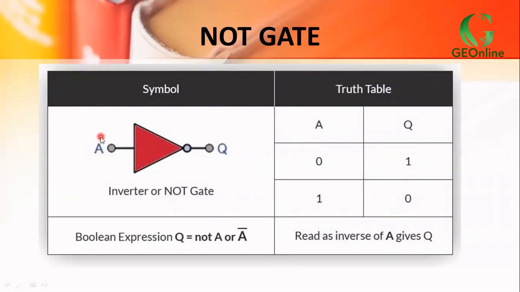Therefore, if we are giving an input 1 here, output is 0. If we are giving an input 0 here, output is 1. So the output of NOT gate is inverse of that of input.